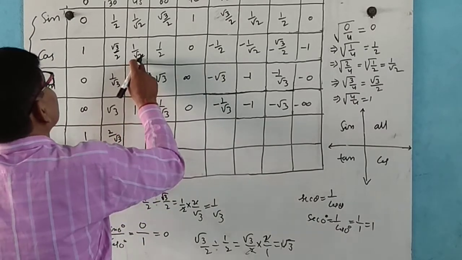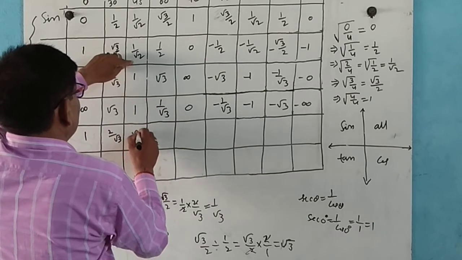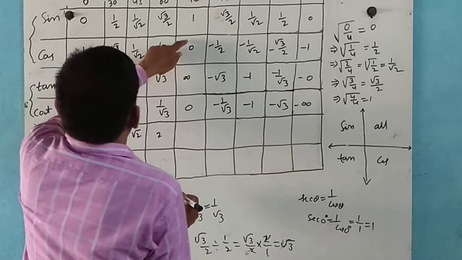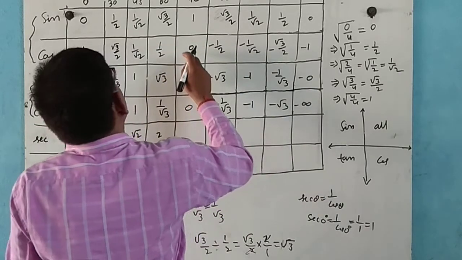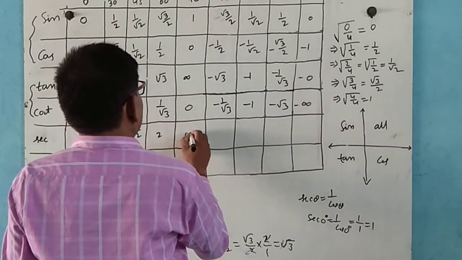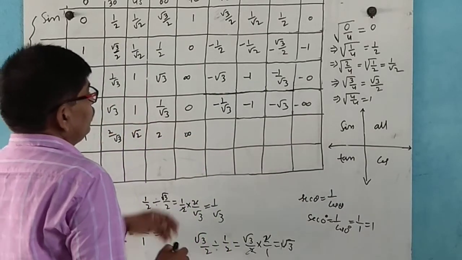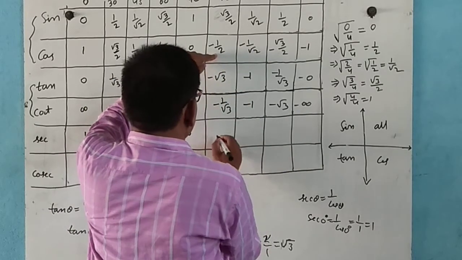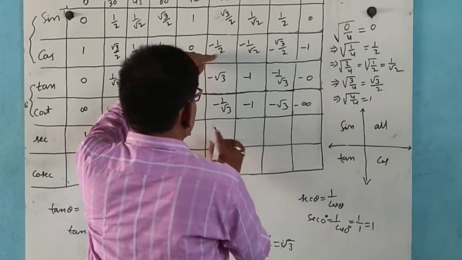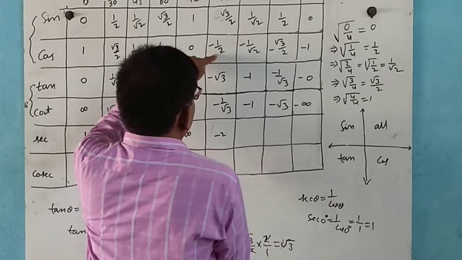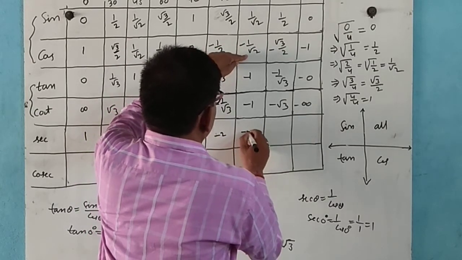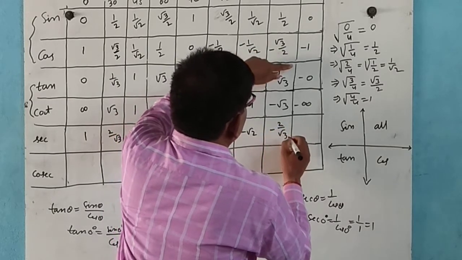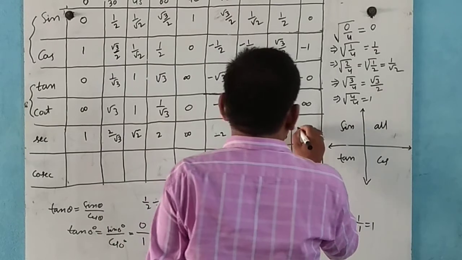This can be reversed. Under root 2 by 1, only under root 2, this is 2, and this 1 by cos theta is infinite. Also change this to minus 2, this changes to minus root 2, and this changes to minus 2 by root 3, and 1 by tan theta.